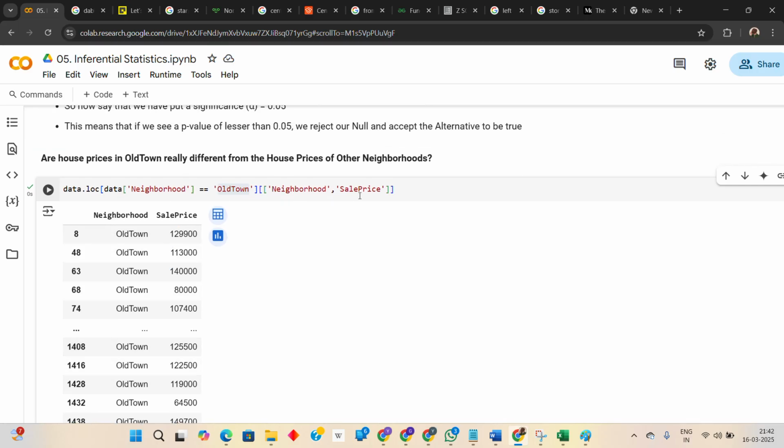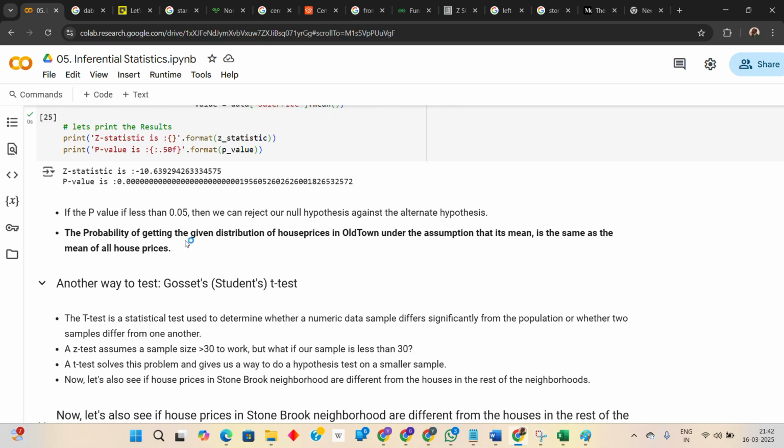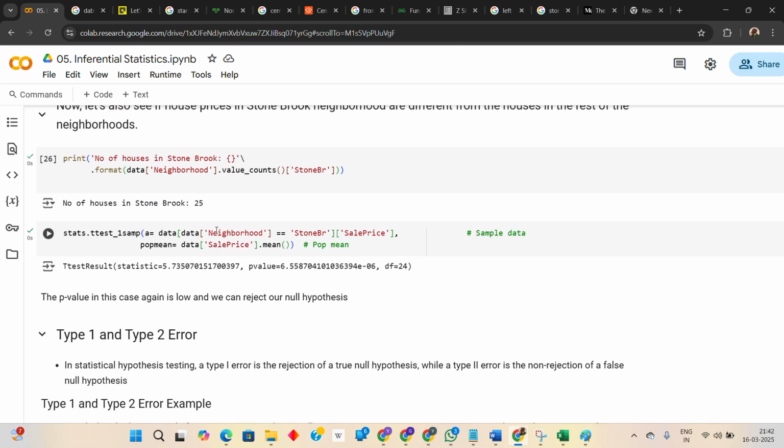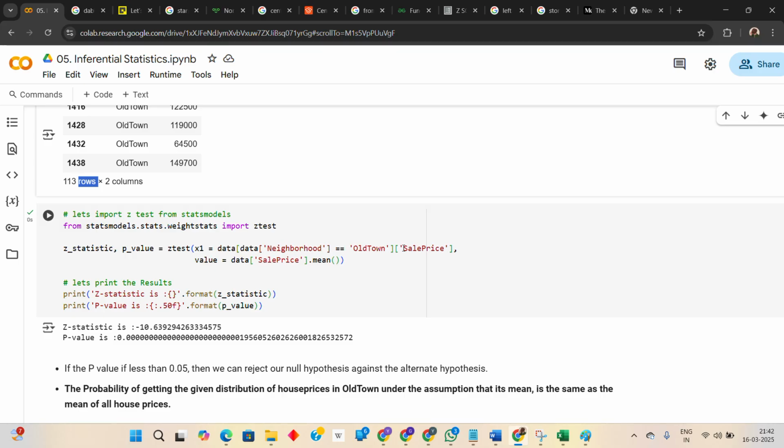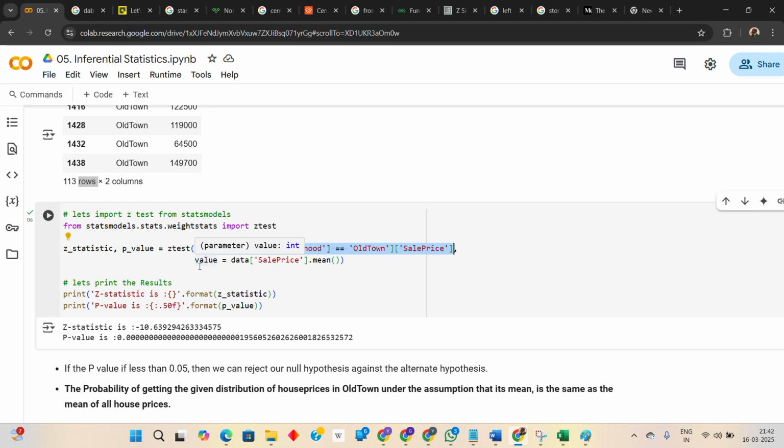I wanted to know the mean value. Here you can see average. Average means mean, right? Where is that functionality? Here only. Yeah, I am taking the mean of the sale price. I'm just checking whether the mean value I'm getting is the same as the mean of the other values. In that situation, I'm calculating the p value.